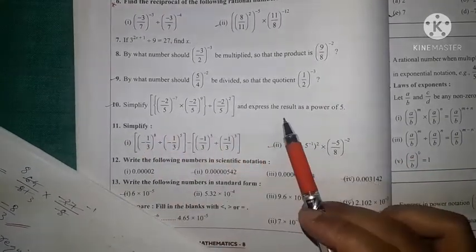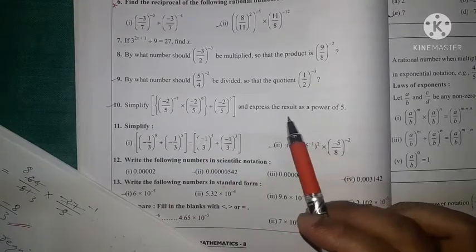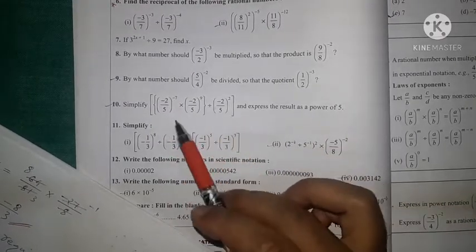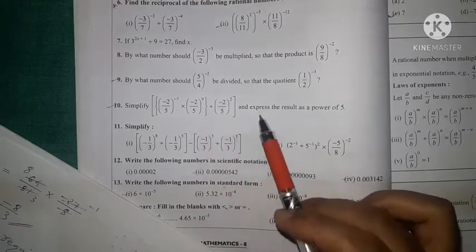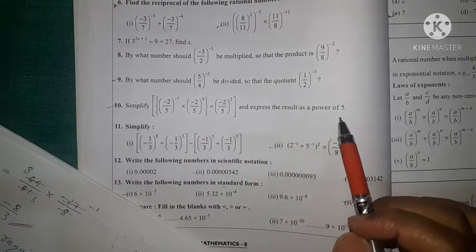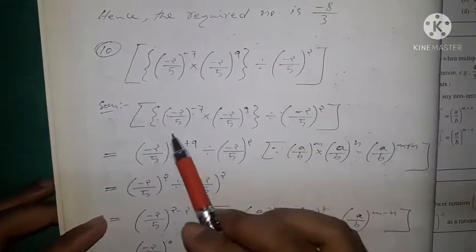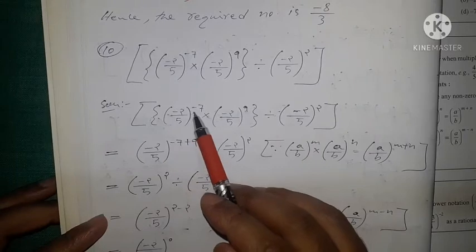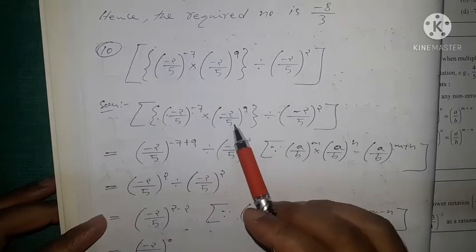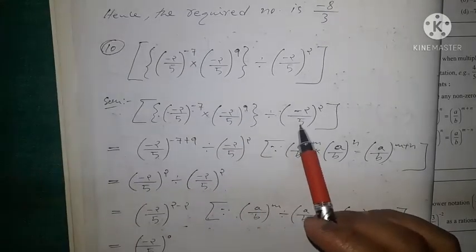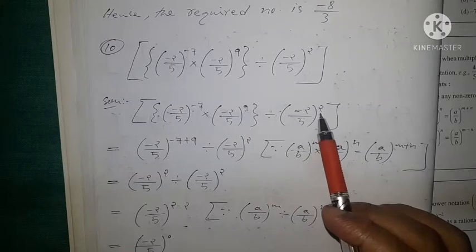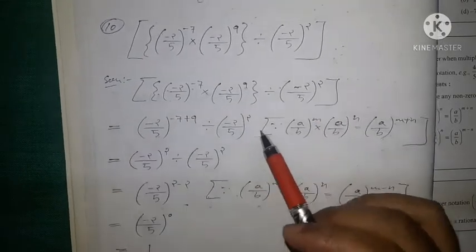We need to simplify and express the result as a power of 5. First we need to simplify this, and after simplifying we need to express the result as a power of 5. So the question is (-2/5)^-7 into (-2/5)^9 divided by (-2/5)^2.